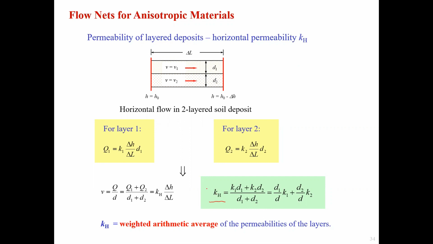Is KH the weighted arithmetic average, or is KH the horizontal permeability? I'm confused. So this KH is the equivalent permeability of the 2-layered system. That's the equivalent one, based upon the two of them. So that's the equivalent permeability of the 2-layer system, roughly.